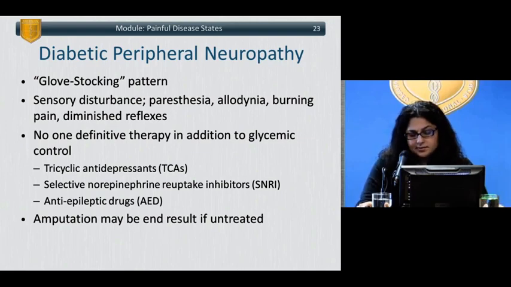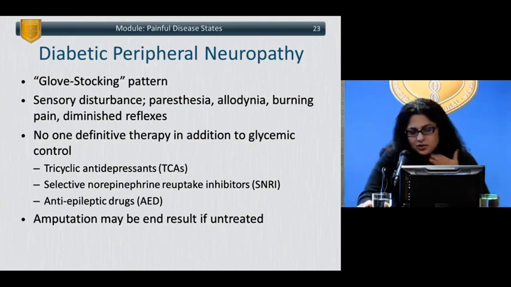The Canadian Pain Society, the European Federation of Neurological Societies, and the International Association for the Study of Pain have published guidelines on treatment of peripheral neuropathy, and they classify management into first line, second line, and third line treatments.